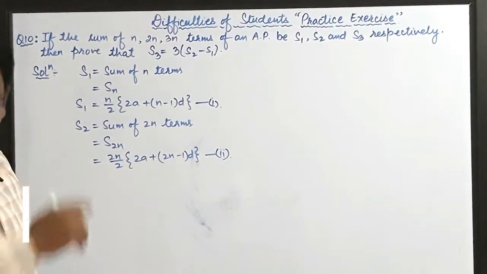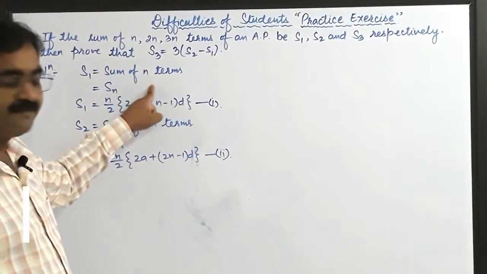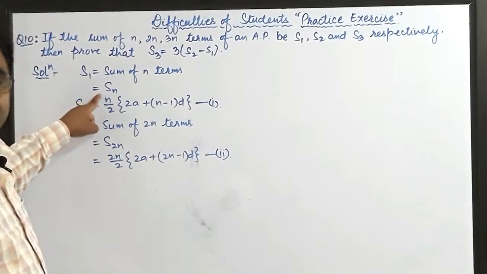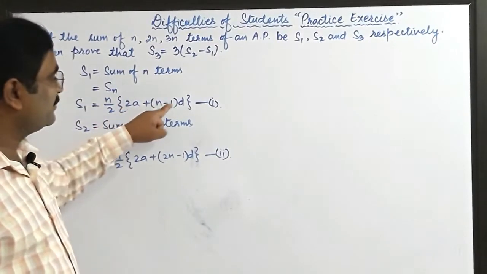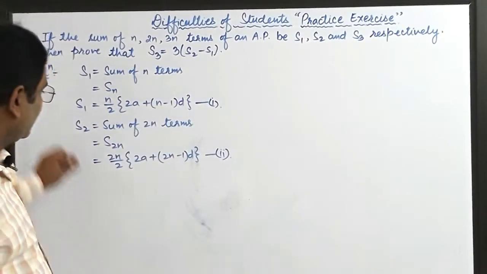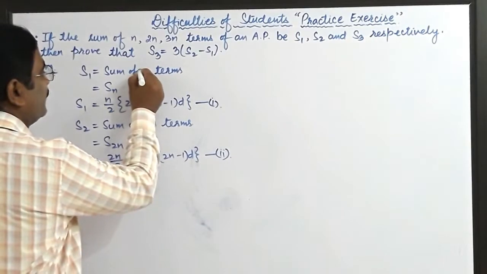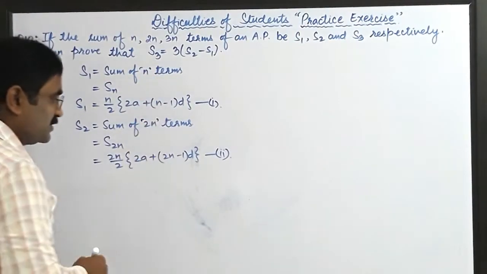Okay Vidisha, be careful. S1 is the sum of n terms, that is Sn. The value of Sn, you know the formula easily. Sn is equal to n upon 2 into 2a plus n minus 1 into d. S2 is the sum of 2n terms. That was the sum of n terms; this is the sum of 2n terms.